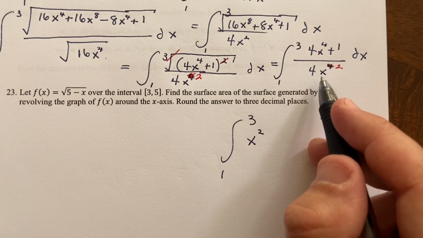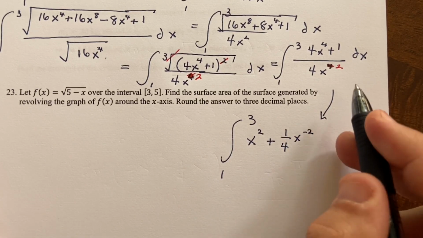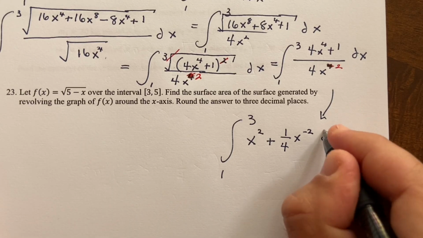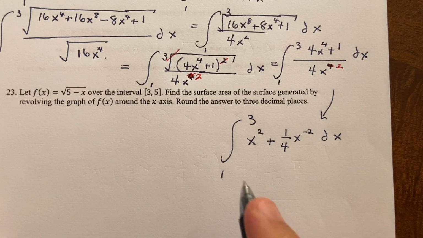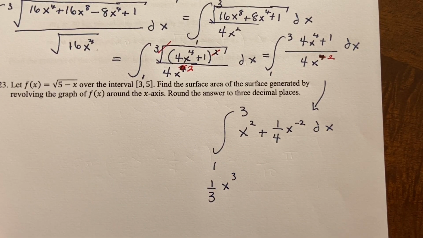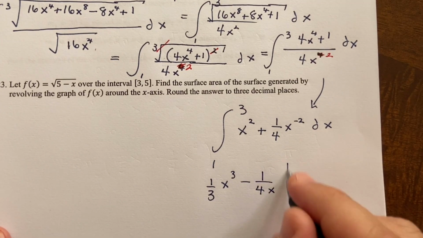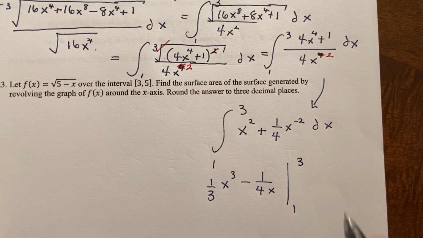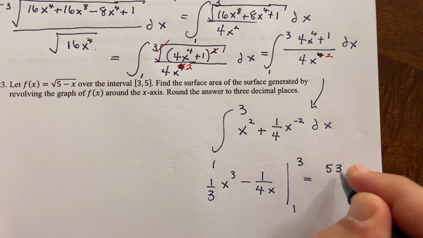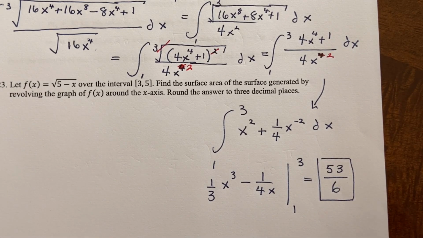Just splitting this up, plus 1/4 x to the negative 2, also just splitting that up, dx, antiderivative finally, so 1/3 x cubed minus 1/4x, and then going from 1 to 3, what I ultimately got after that arithmetic was 53/6. And that's arc length, so that would just be like linear units if you wanted to include that.